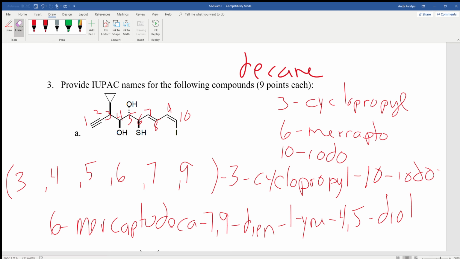Last thing we need to do is fill in our stereochemistry. So if we start here with this alkene, clearly we can see our higher priority substituents are on opposite sides. So that makes it 9Z. And the alkene right before it has substituents on opposite sides, so that's 7E.